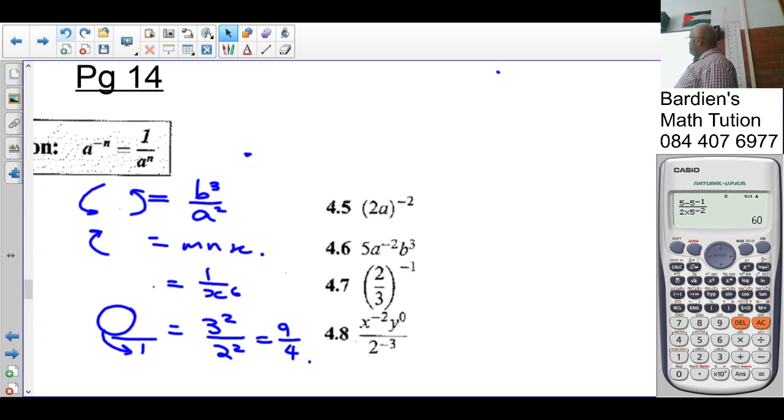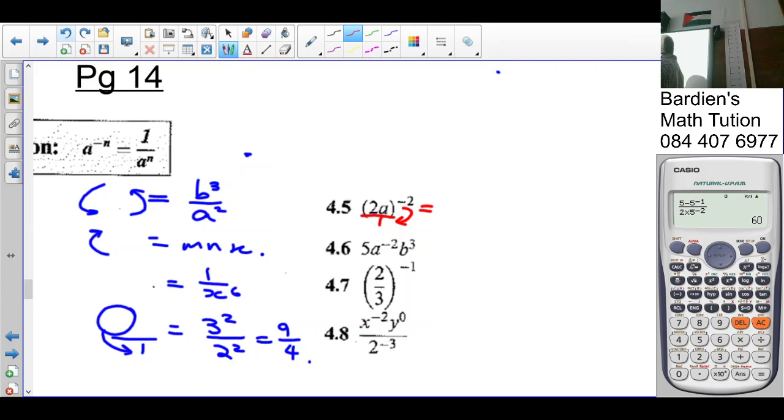Okay. The reason why I'm moving it over because I use a calculator and stuff on the side. Okay. Let's look at 4.5. So this here is naturally over 1. So where is that going to go? Denominator. So it's going to be 1 over 2a squared.